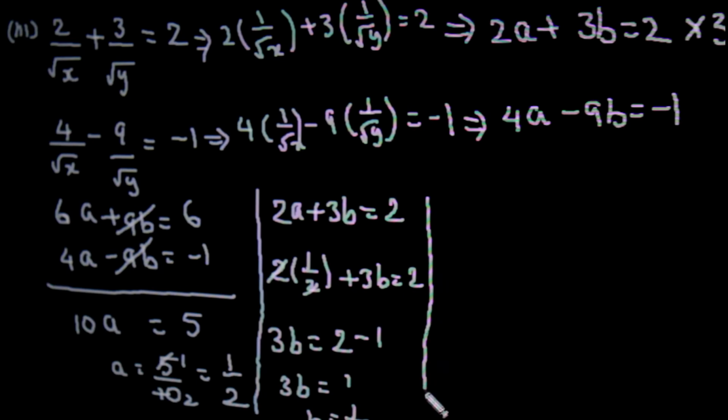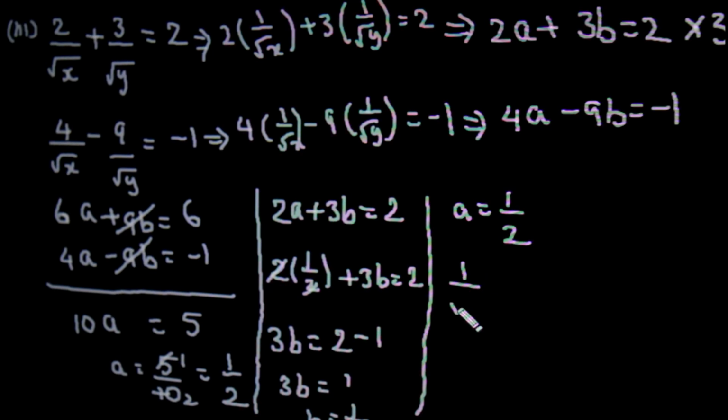You got a and b. Now a is equal to 1 by 2. What is a? a is 1 by root x. 1 by root x is equal to 1 by 2. Squaring on both sides.